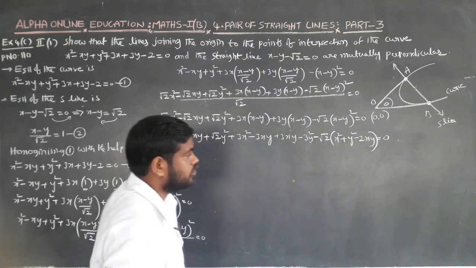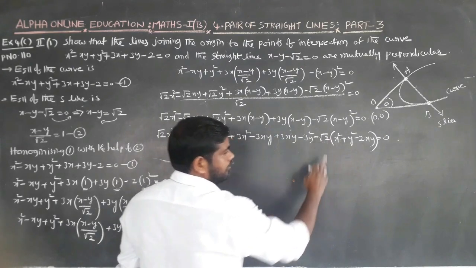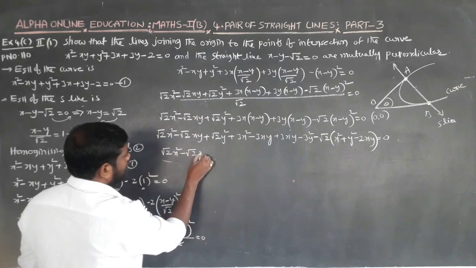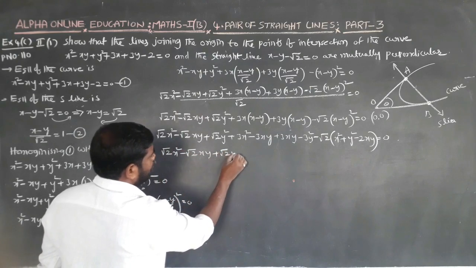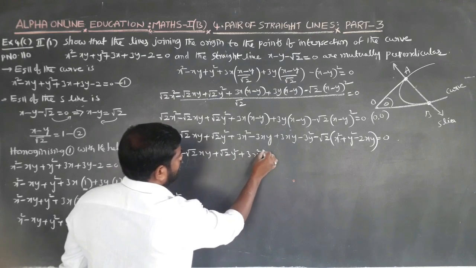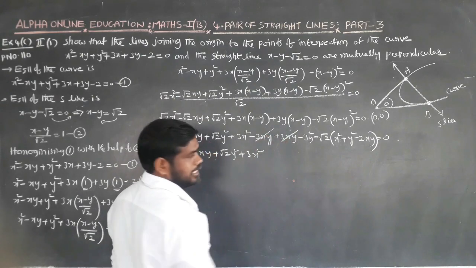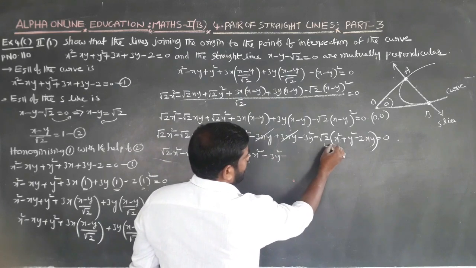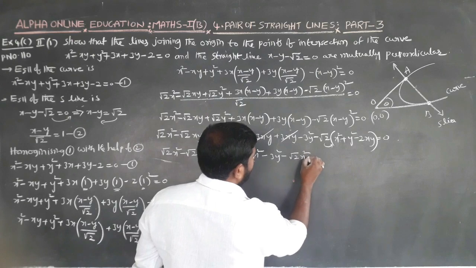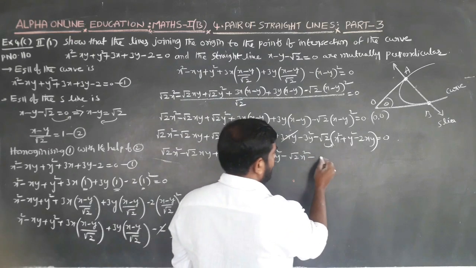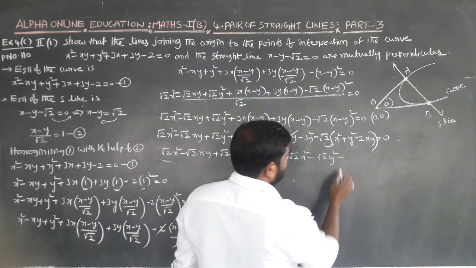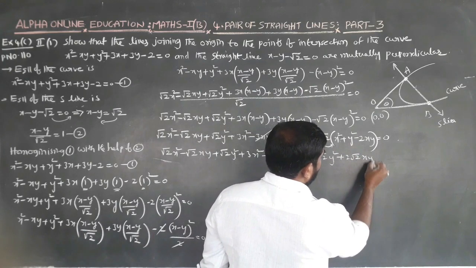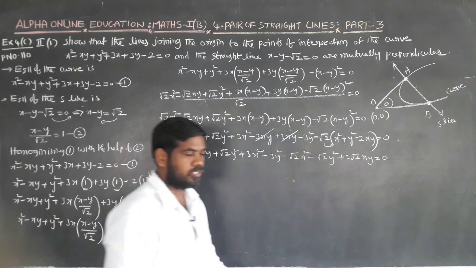This last term is multiplied with minus root 2. Root 2x square minus root 2xy plus root 2y square plus 3x square minus 3xy plus 3xy cancel, plus 3y square minus root 2 x square minus root 2 y square plus 2 root 2 xy is equal to 0.